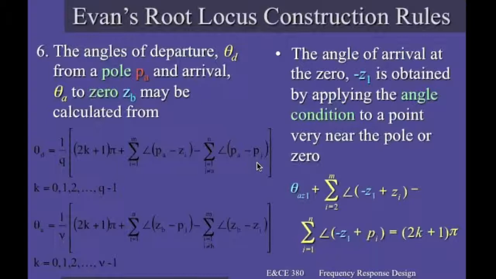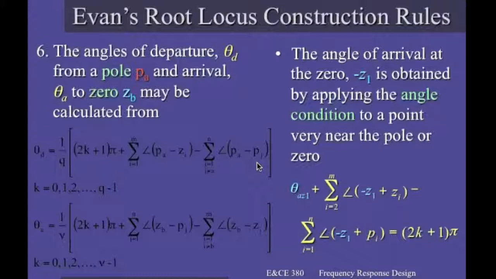The first formula is calculating the angle that a trajectory leaving from a generic pole P sub A is forming with respect to the positive real axis. Such an angle is considering the possibility that the generic pole P sub A is a multiple pole.